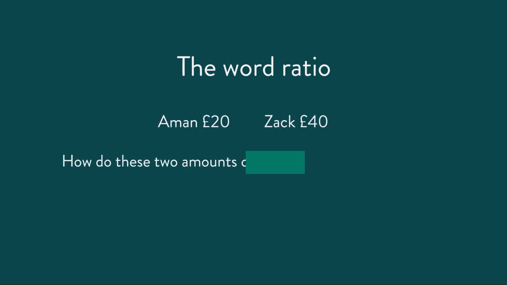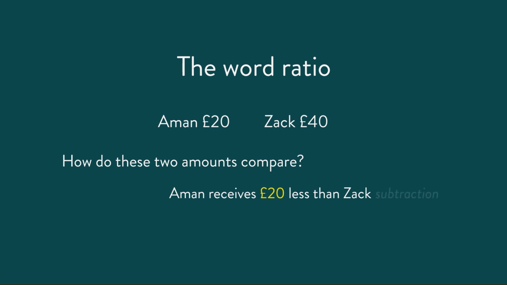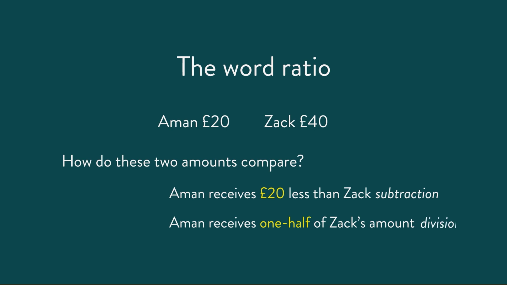How do these 2 amounts compare? We can say Aman receives £20 less than Zach. This comparison is made by subtraction. We can also say Aman receives 1/2 of Zach's amount. This comparison is made by division.